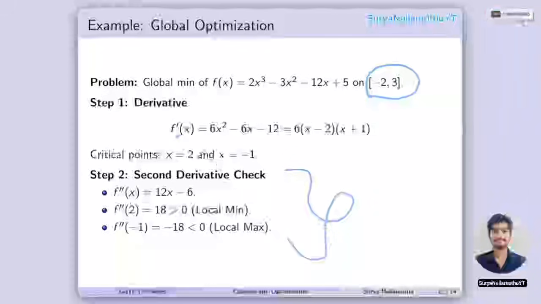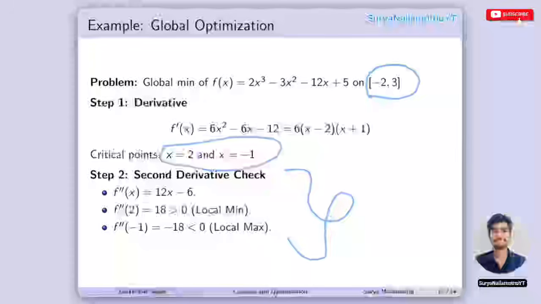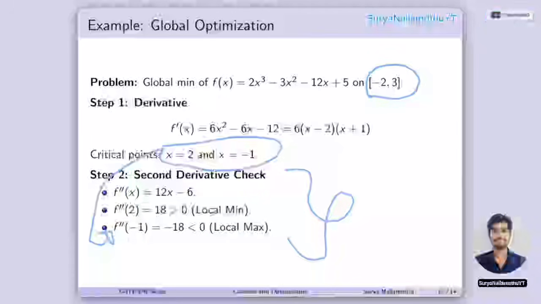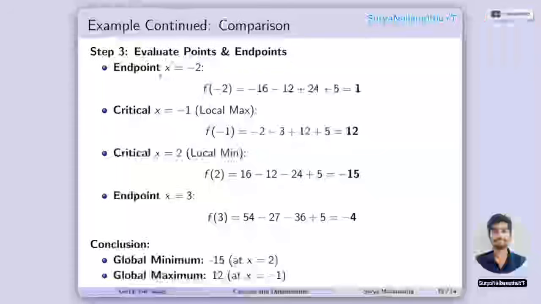We put these critical points into the second derivative. After putting them in, we get the local maximum and local minimum. Here we observe that this is the local maximum one and here the local minimum one.